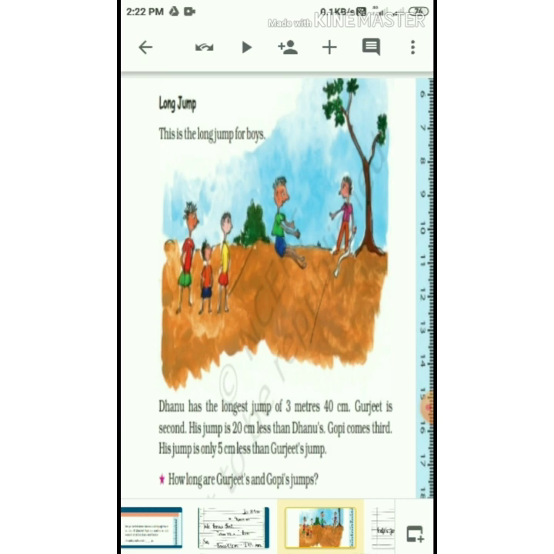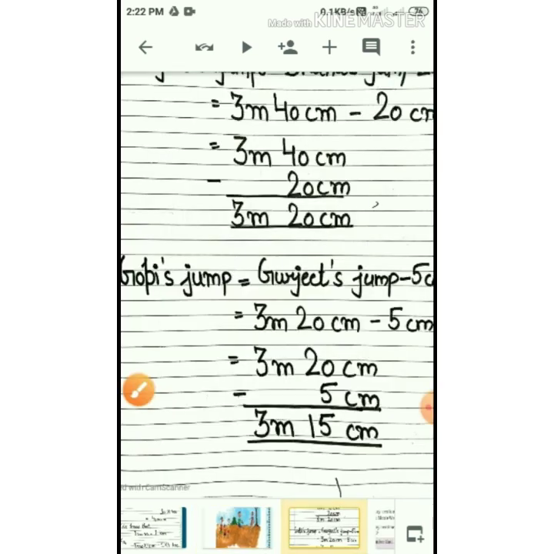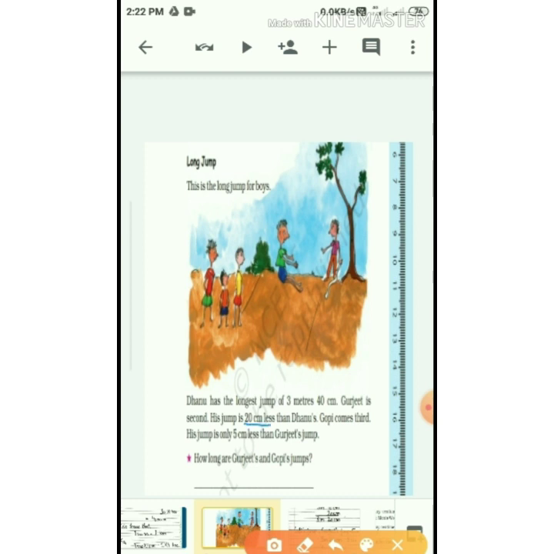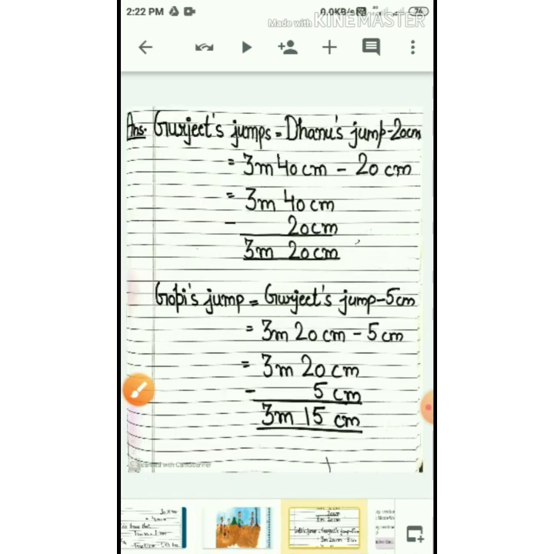So for this, the solution is: Gurjeet's jump is equal to Dhanu's jump minus 20 centimeter, because Gurjeet's jump is 20 centimeter less than Dhanu's, and Dhanu's jump is 3 meter 40 centimeter. So 3 meter 40 centimeter minus 20 centimeter.